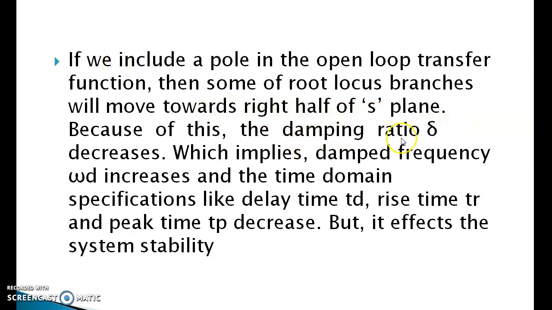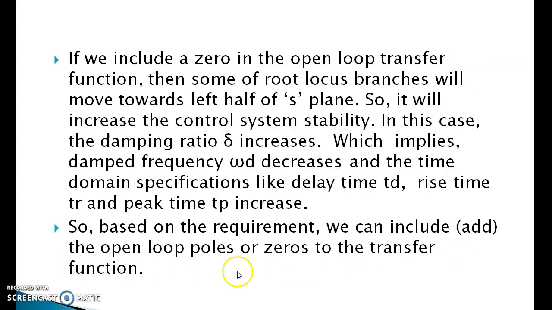Because of this, the damping ratio ζ decreases, which implies damped frequency ωd increases, and the time domain specifications like delay time Td, rise time Tr, and peak time Tp decrease, but it affects the system stability.